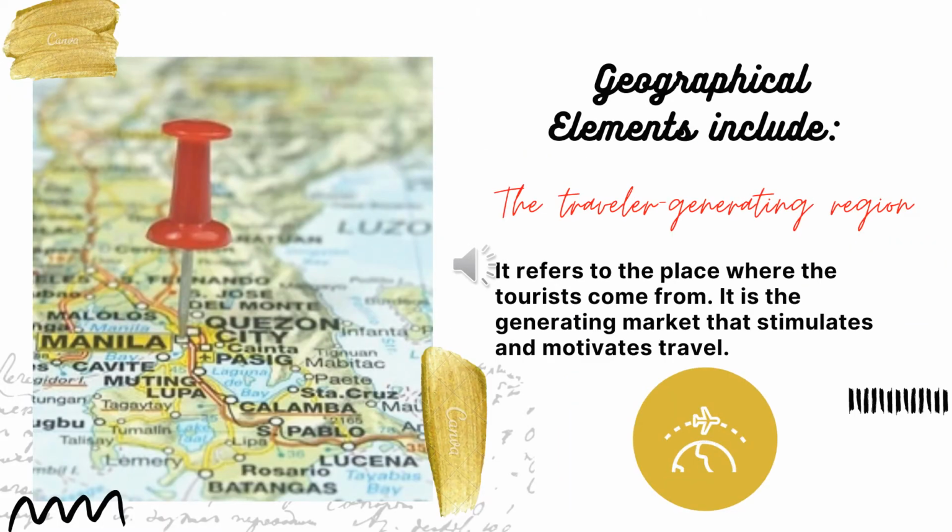And the second one, for the geographical elements, the traveler generating region. It refers to the place where the tourists come from. It is the generating market that stimulates and motivates travel. So for example, the customer or the client came from a very hot country, like for example in Middle East. That's their drive.